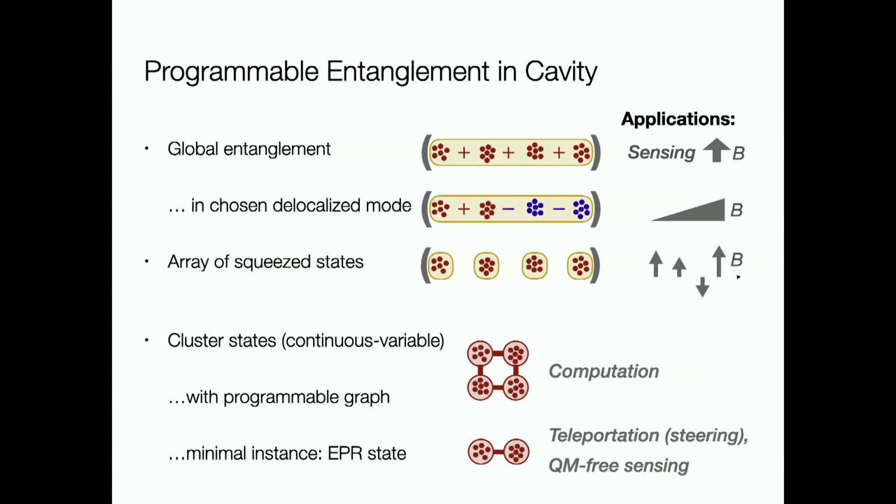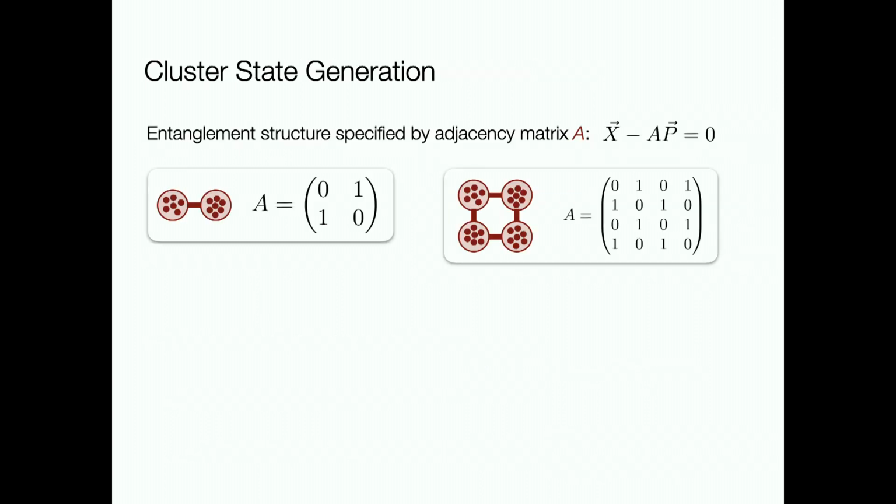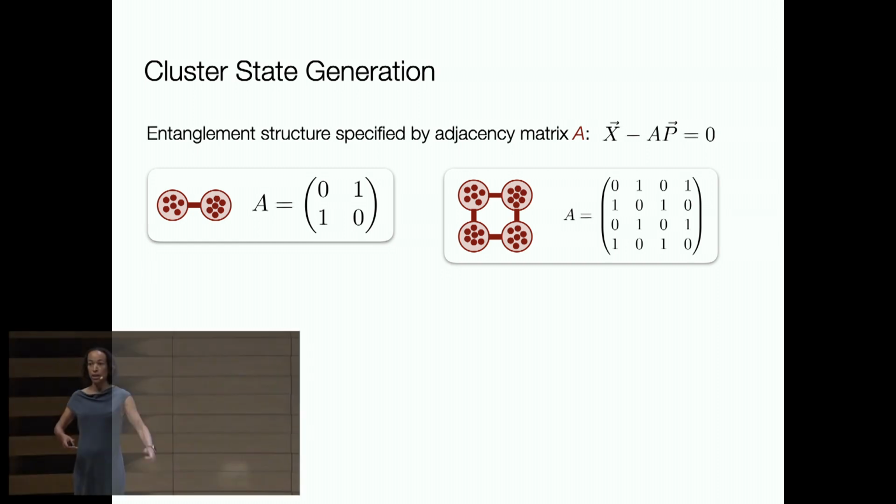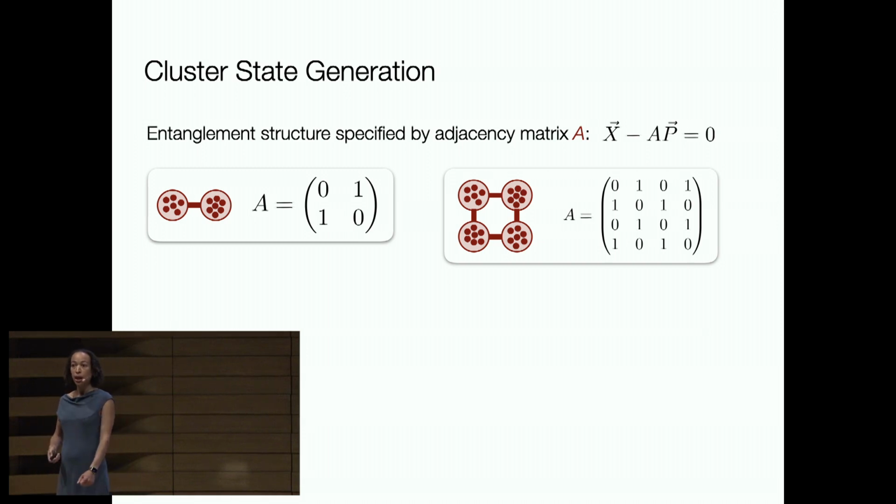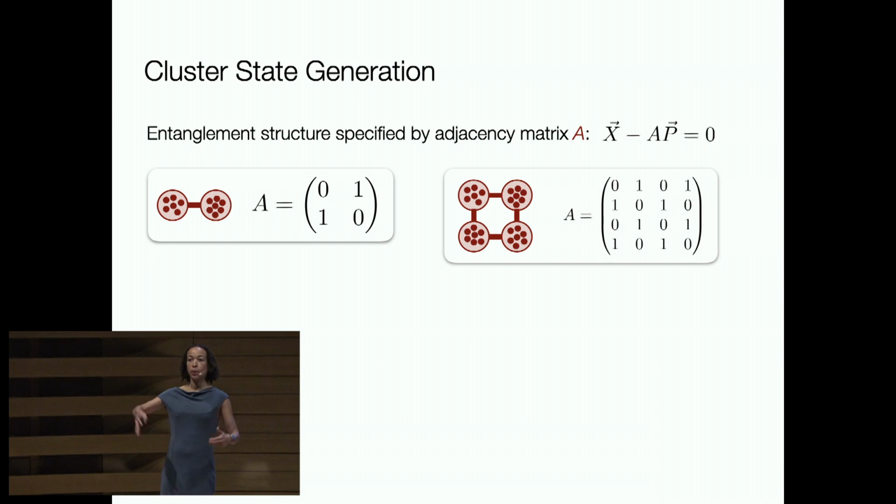So what do I mean by specifying a graph of correlations? For this class of states known as cluster states, the structure of entanglement is specified by the adjacency matrix, which says that the vector of positions, again using these conjugate quadratures x and p, the vector of x's in one ensemble has some specified structure of correlations with the conjugate variables in another ensemble.